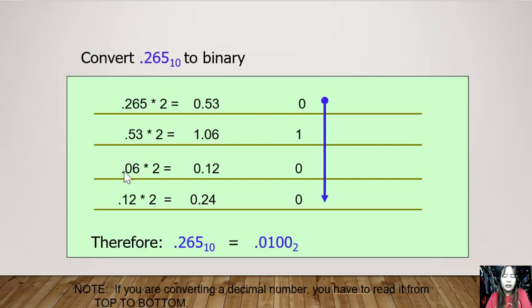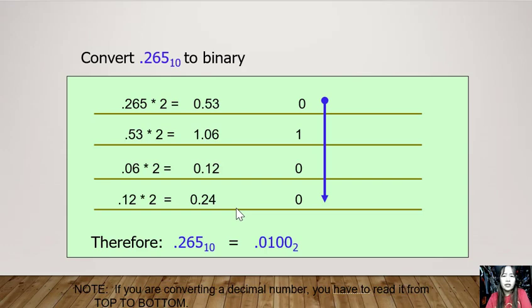Now 0.06 times 2 is 0.12. Again, take note of the whole number, which is 0, and then focus on the 0.12. So 0.12 times 2 is 0.24, and the list goes on and on.